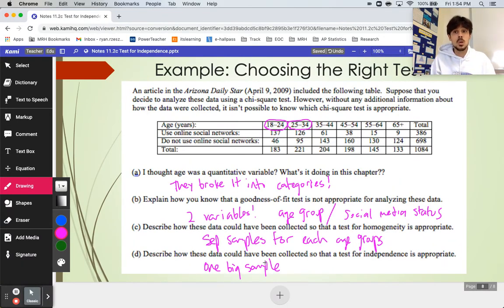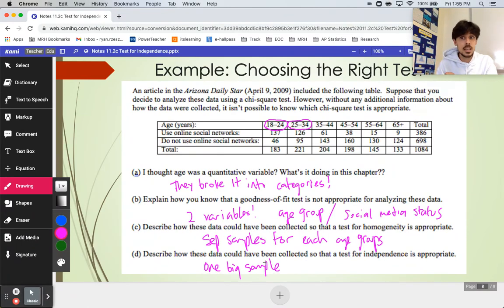I doubt this was the only question on their survey. So picture a giant spreadsheet where everybody's data poured in as they filled out the survey. Then after the fact they might have wondered if age and social media are connected. Oh, well, what about these other two variables that we looked at when we collected our data? If you go back after the fact and it was just one big pool, which is more common, you're probably doing a chi-square test for independence.